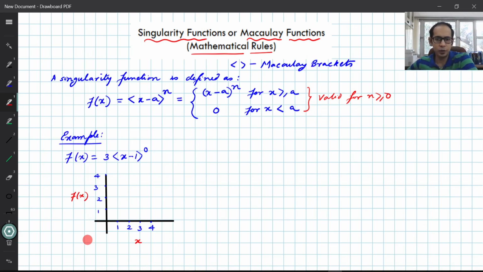As long as your x is less than 1, if you draw the function, it is just going to be a line like this at 0. When x becomes equal to 1, you jump up. So you are going to have 3 times 1 minus 1 raised to 0. Anything raised to 0 is 1, so it is going to jump up to 3.